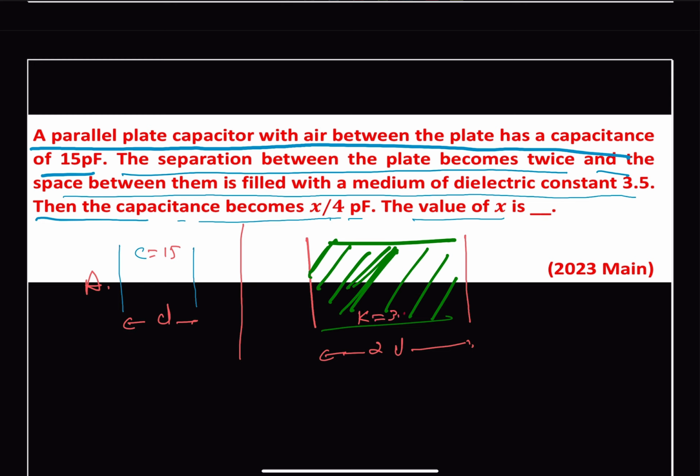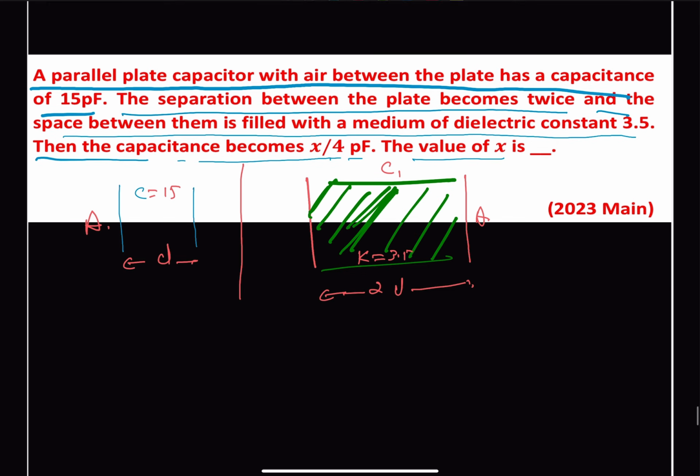The area is the same. In this case, let us suppose the capacitance is C2, which is x by 4.